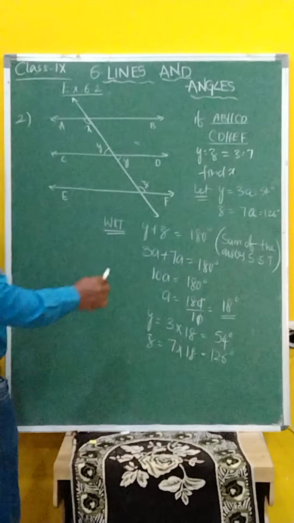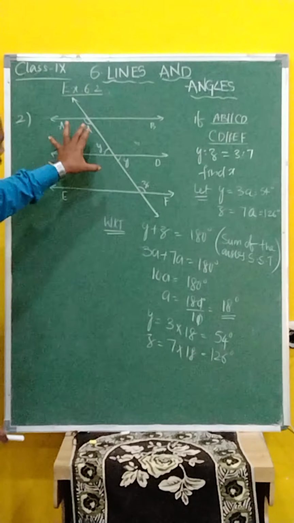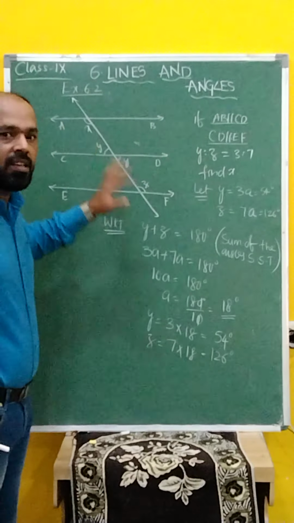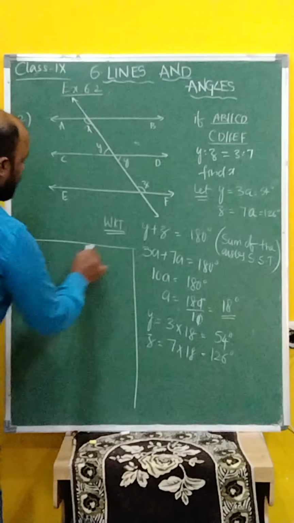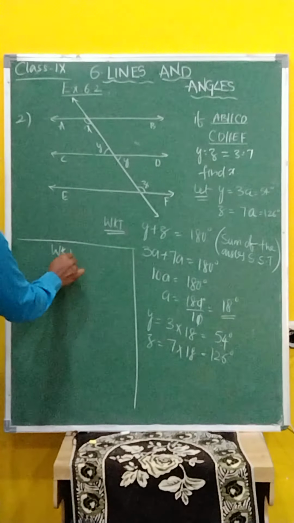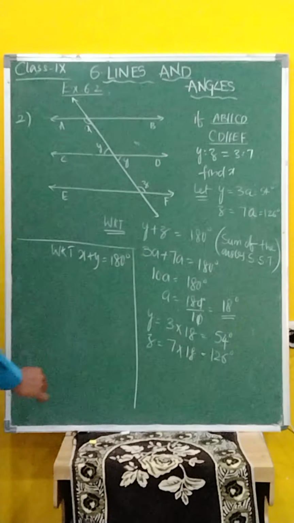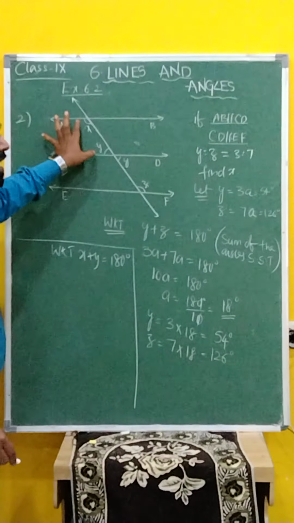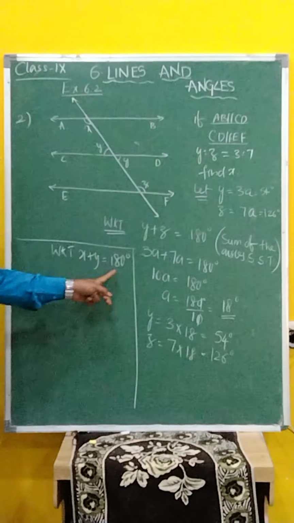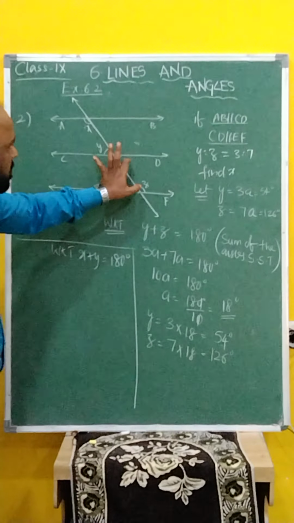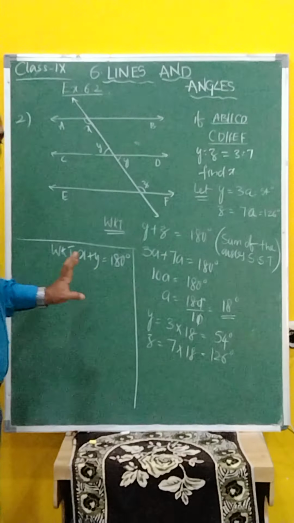Clear children? Now the y value finally is 54. Observe again: x plus y is equal to what? It is 180. Yes? We know again that x plus y is equal to 180 degrees, the sum of the angles on the same side of a transversal. Before we took y plus z equal to 180, now x plus y is equal to 180.